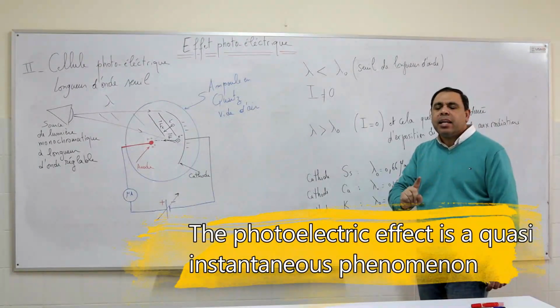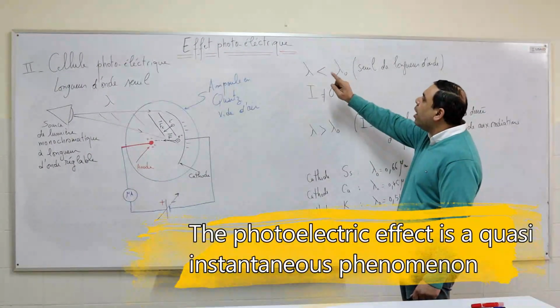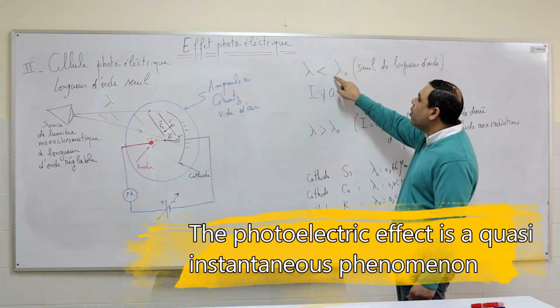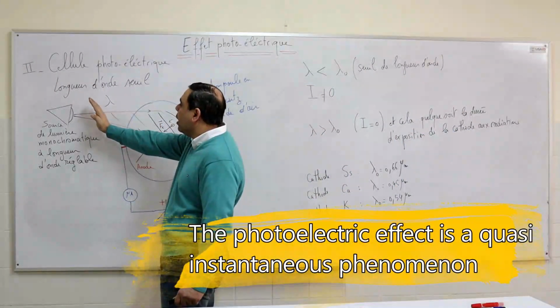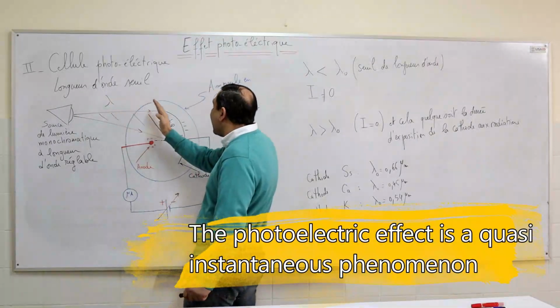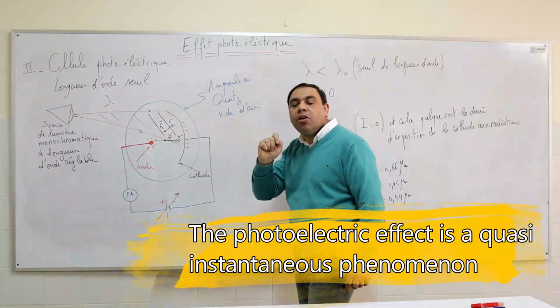But in the case where lambda is less than lambda 0, as long as the radiation illuminates the cathode, there will be emission of electrons.